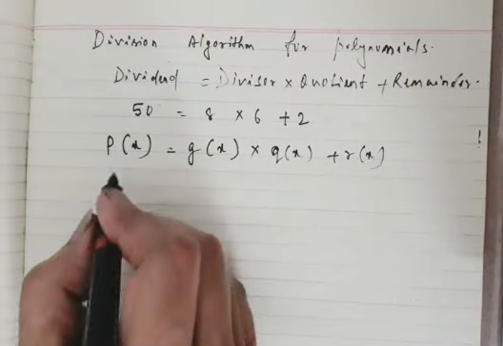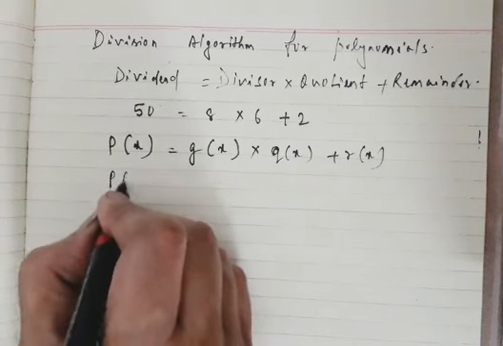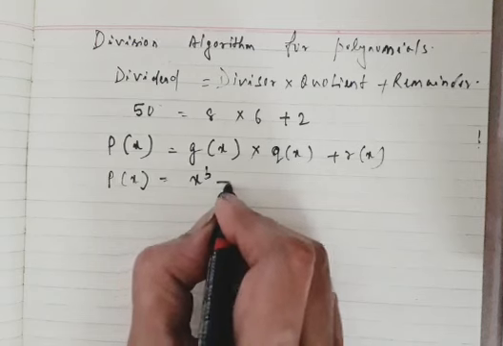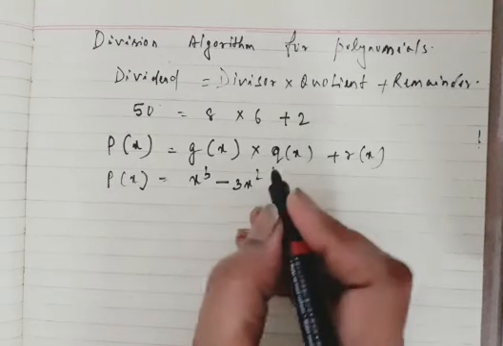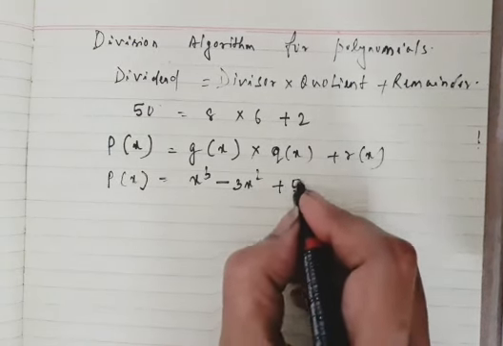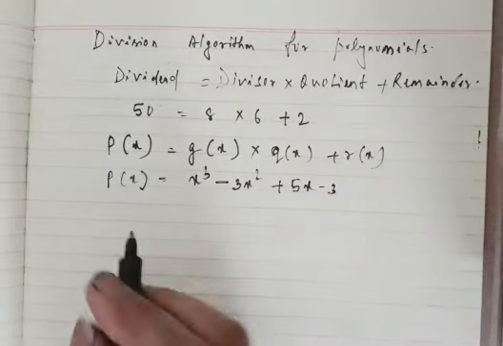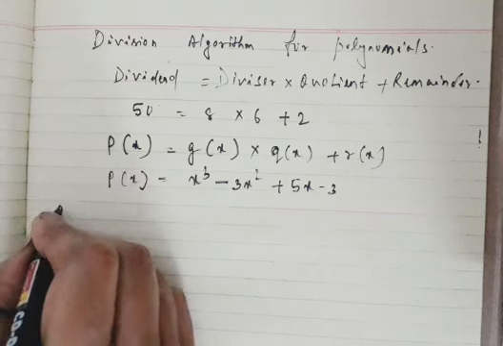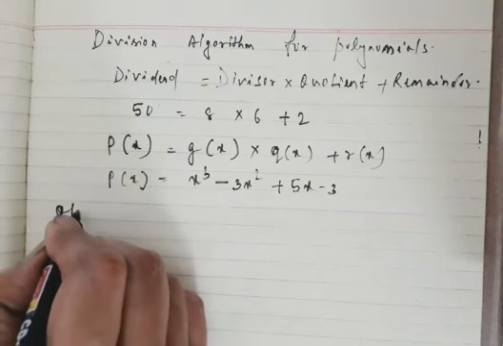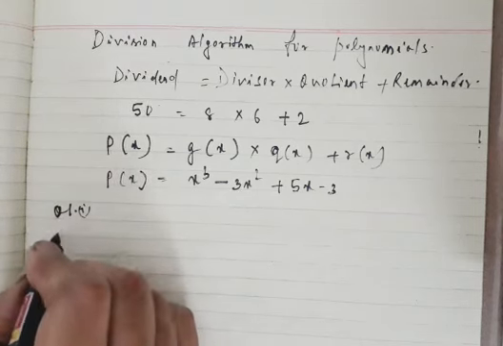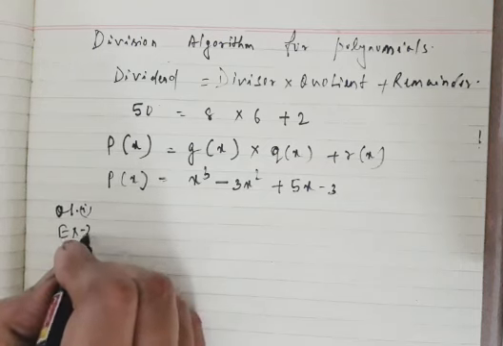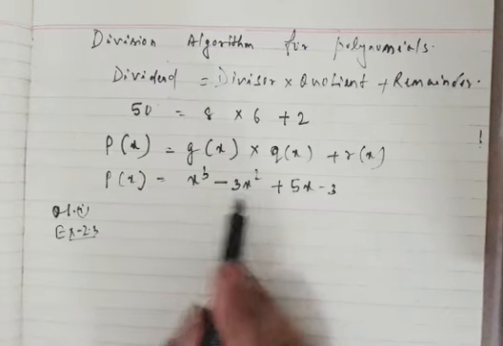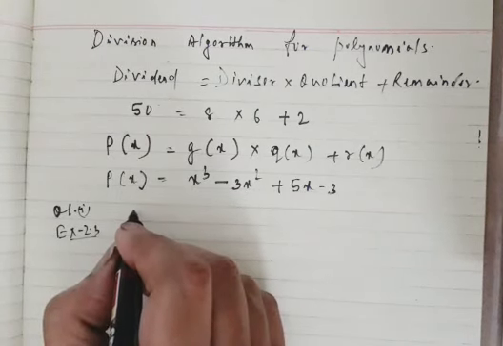Now suppose I take the dividend as x cube minus 3x square plus 5x minus 3. This is actually question number 1, part 1 of exercise 2.3.